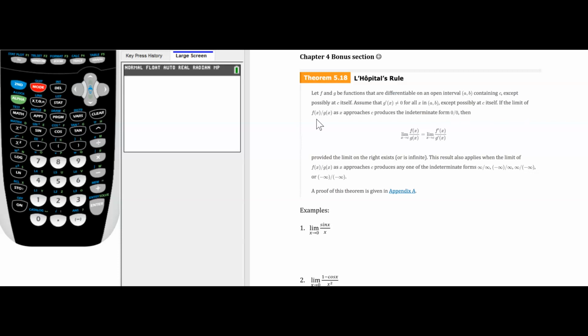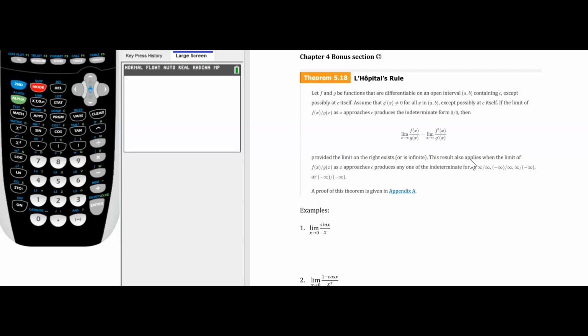If the limit of f of x divided by g of x as x approaches c produces an indeterminate form, so like if you're doing the limit of f divided by g as x approaches c and you get an indeterminate form, then we can solve that limit by solving this limit right here, the limit of f prime of x over g prime of x as x goes to c, provided the limit on the right exists or is infinite.